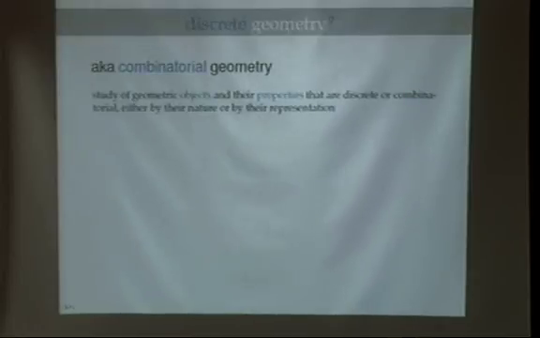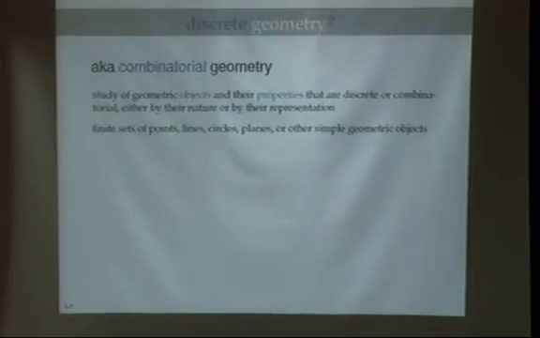Then what is discrete geometry? Discrete geometry is also known as combinatorial geometry. Combinatorics means you count the number of objects. So we take as input geometric objects like points, lines, circles, line segments, and polygons or polytopes, and so on in higher dimensions.